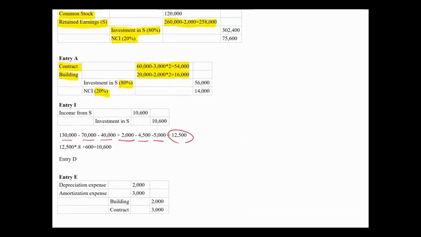That's why we need to add an additional 600 related to this excess depreciation expense to this total amount. So that's why I get 10,600.